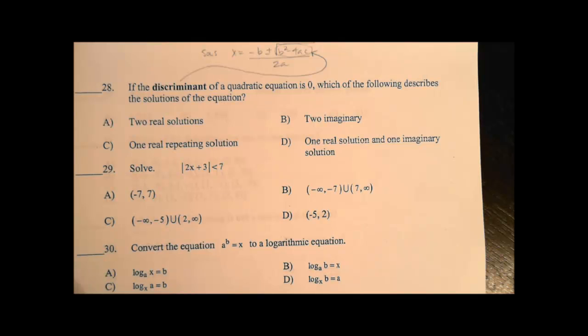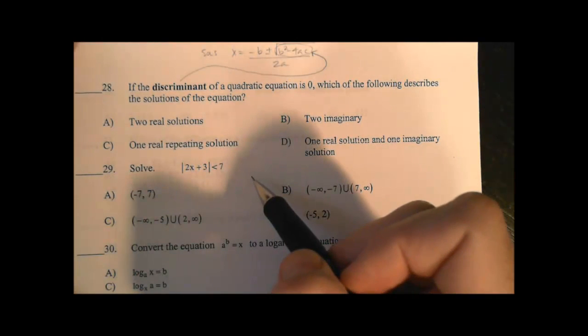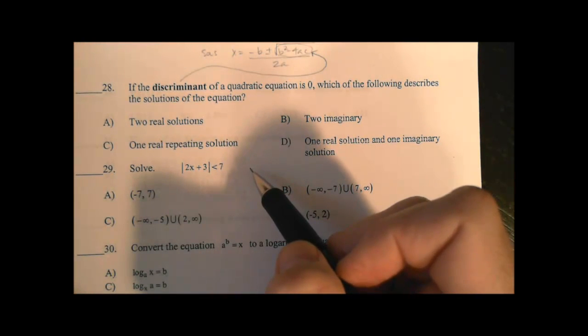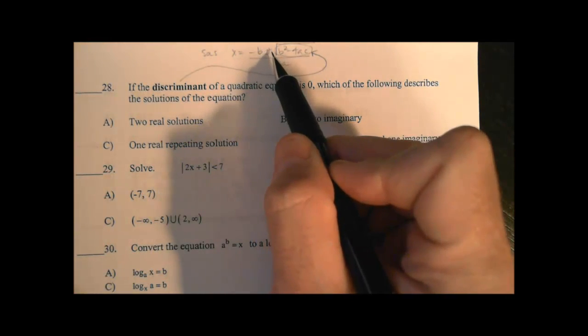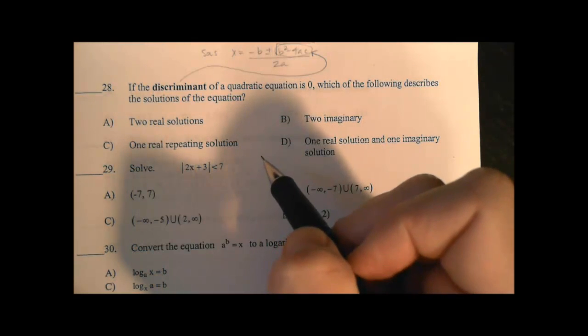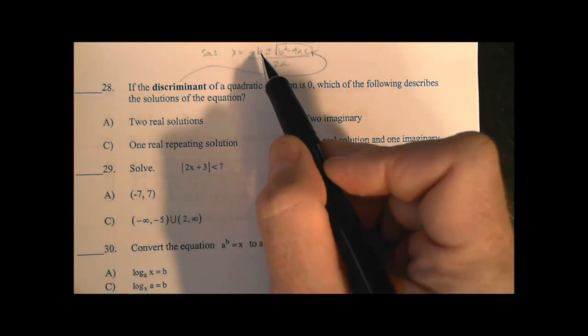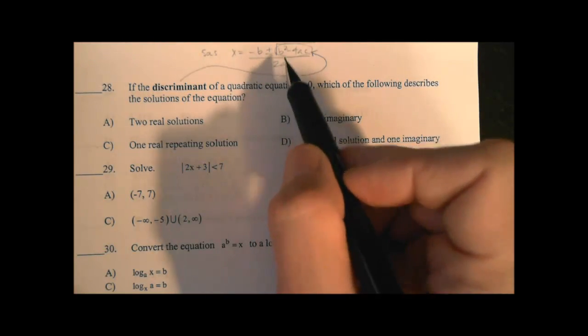If that's 0, which of the following describes the solutions of the equation? Well, assuming all the a's and b's and c's are real, that we have real coefficients, we're talking about a parabola, and the solutions are at minus b plus 0 over 2a and minus b minus 0 over 2a. And if you add 0 to a number and then subtract 0, you get the same value. So we actually have the same solution twice.